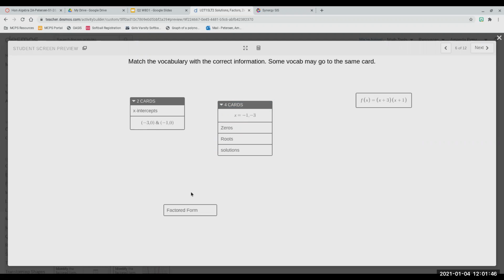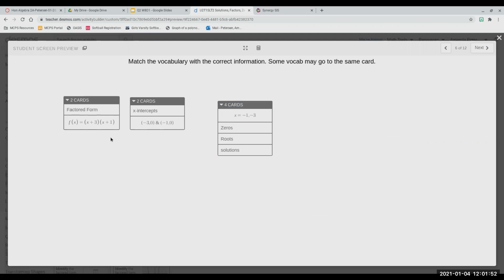And then lastly, this last piece is factored form. A common mistake is people mixing up x-intercepts and factored form. Notice the difference. Factored form is an equation, right? f of x equals. Factors multiply together to give us a bigger whole. 6 times 2 are factors, and when I multiply them together, I get 12.